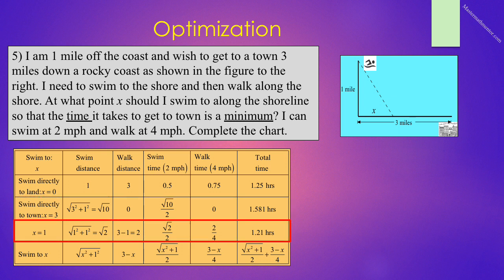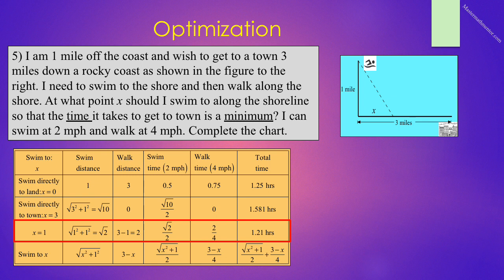So rather than look at these extreme cases, let's let X equal some value between 0 and 3. Suppose X is 1. That means our swimming distance is the square root of 1 squared plus 1 squared, which is the square root of 2. And our walking distance is 3 minus 1, or 2 miles.